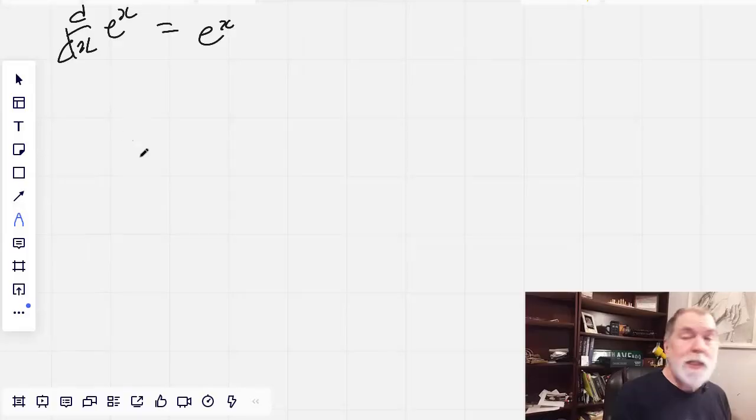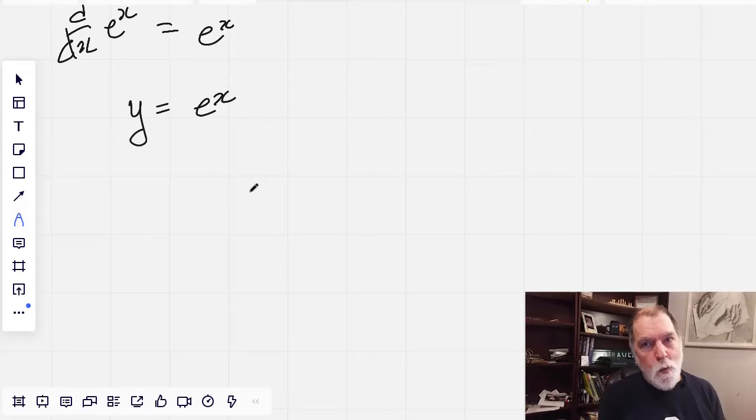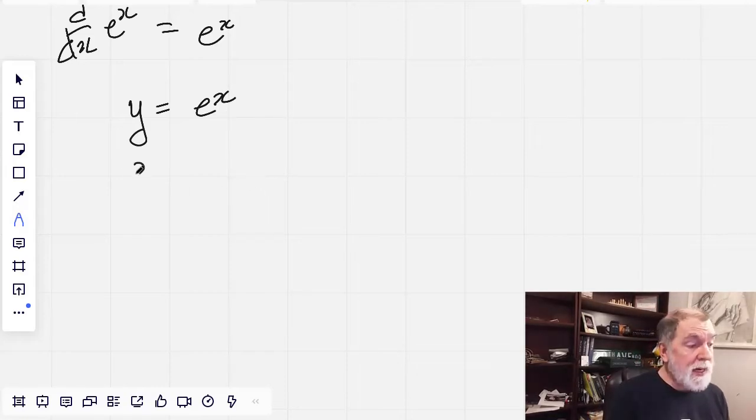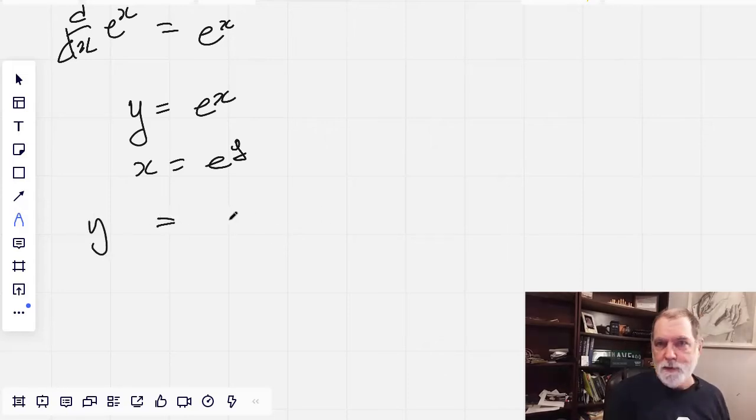Now, as our final hurrah, let's talk about the inverse of this y equals e to the x function, which would be x equals e to the y. Solve for y and we get y equals some function of x.